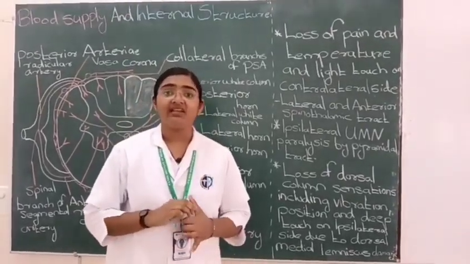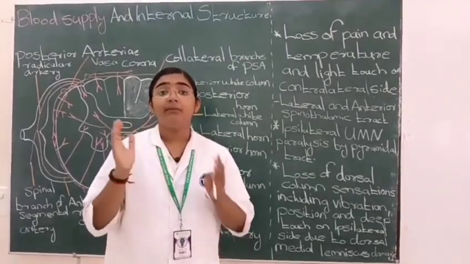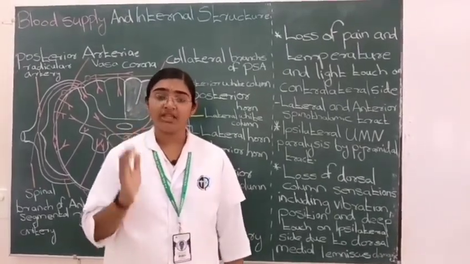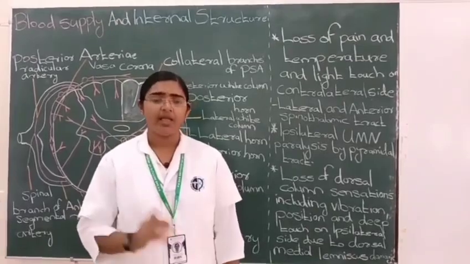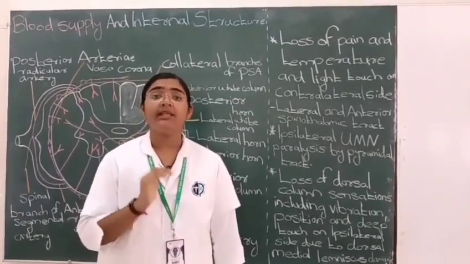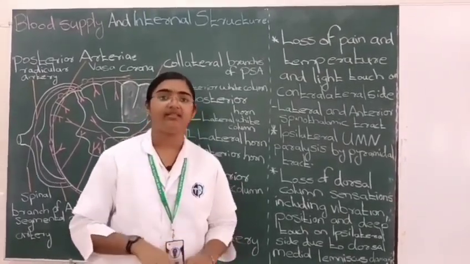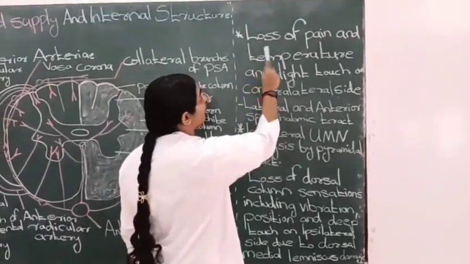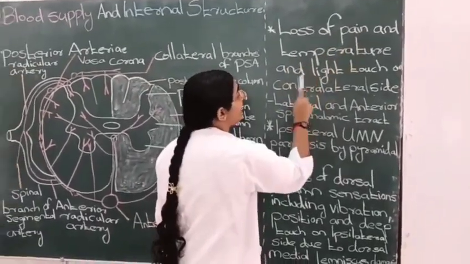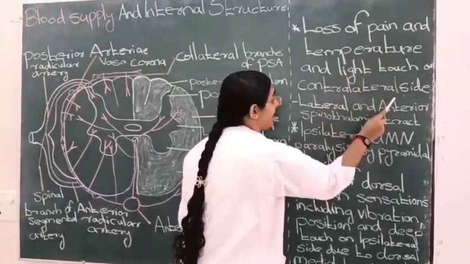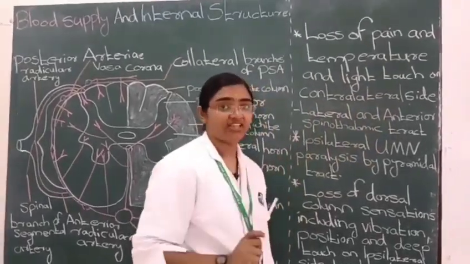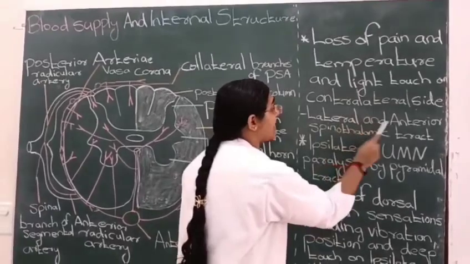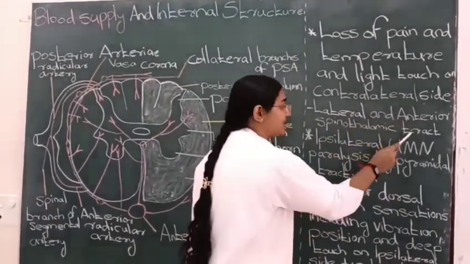So let us discuss the features of Brown-Sequard syndrome presenting in a patient at three levels. Below the level of lesion, it is very important in anatomical aspects. Below the level of lesion, the patient will have loss of pain, temperature and light touch on the contralateral side due to transection of the lateral and anterior spinothalamic tracts.